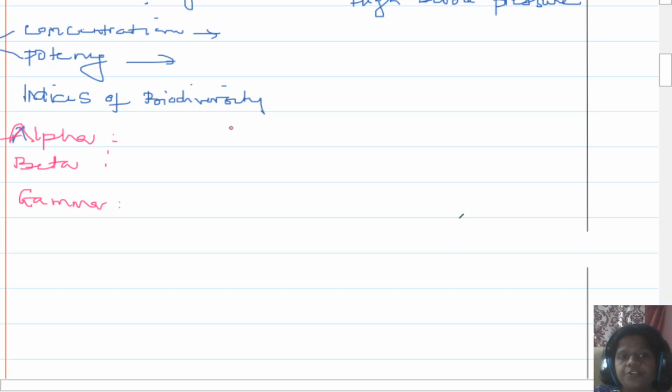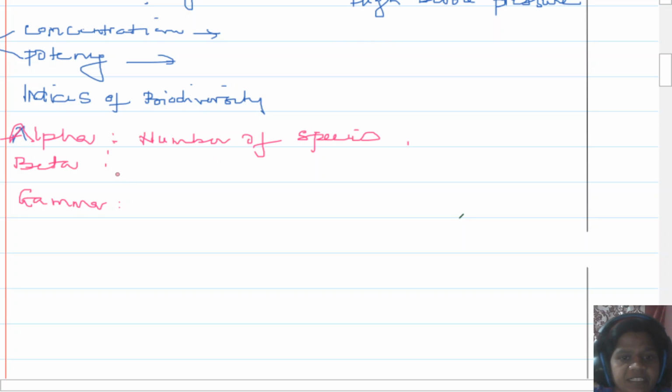So how do you measure the diversity? That's what we have the index for. The alpha measurement is just to count the number of taxa, usually species, in a particular area. This is the alpha diversity.